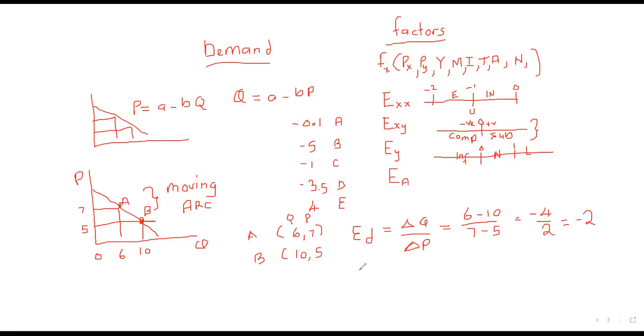When you're given an equation and P is subject to a formula, your elasticity of demand will be 1 over B times price over quantity, because this is called an inverse demand function. If your Q is subject to a formula, the elasticity of demand will simply be the direct one, B times price over quantity.